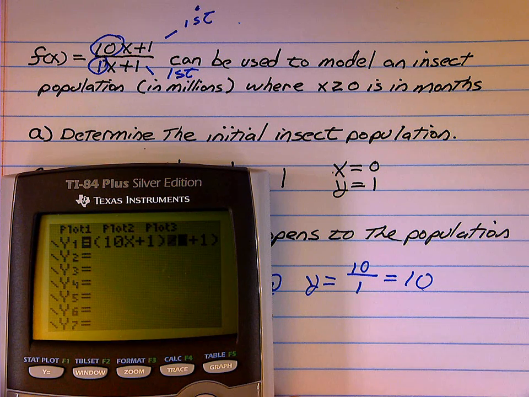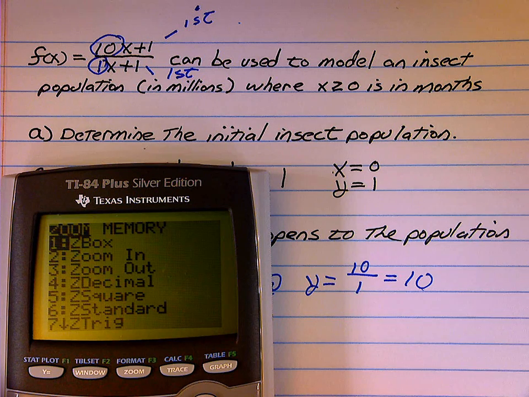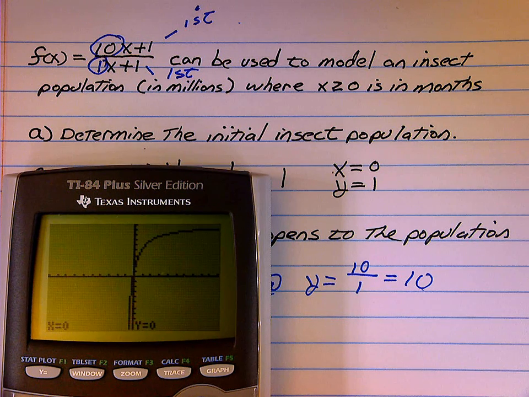Oh, I need a parentheses in there. Little bit difficult to see, so I'm going to go ahead and zoom out. But we've got a good idea what's going on there.